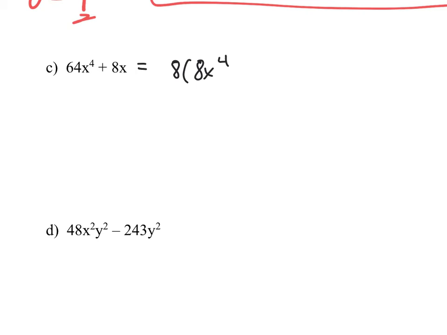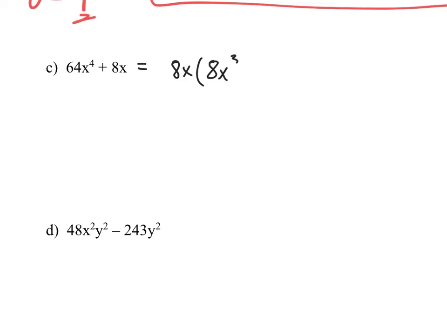Okay, did we pull out the biggest thing, we think? Was there anything else we could have pulled out? Because I'm going to be left with x to the fourth on the inside. Did they have an x too? Okay, so now we have 8 left. What else?